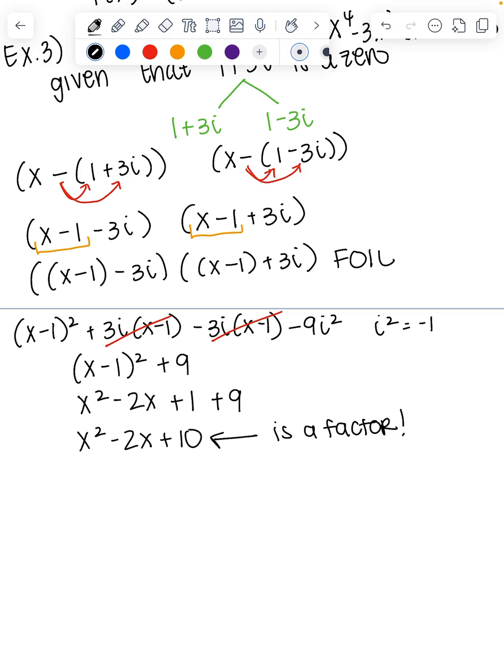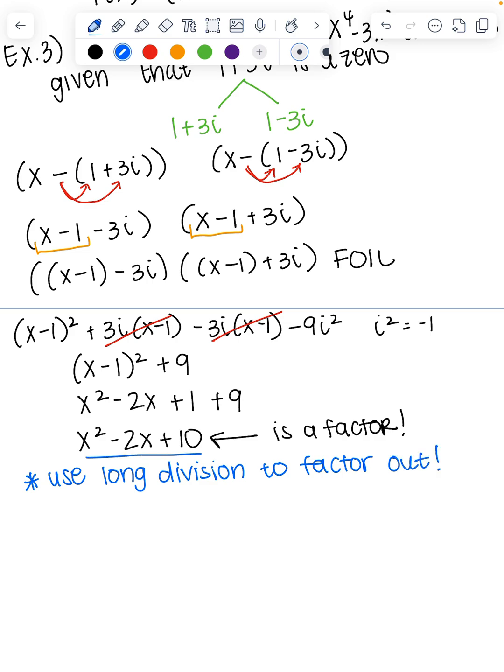So from the original, I am going to now use long division to factor out what I just found. Okay, so let's set this up. On the outside, I have x squared minus 2x plus 10.